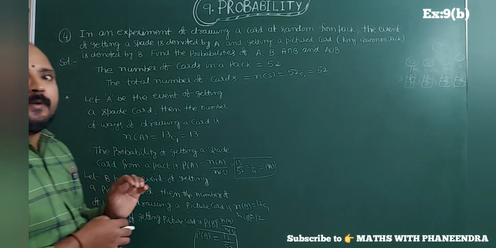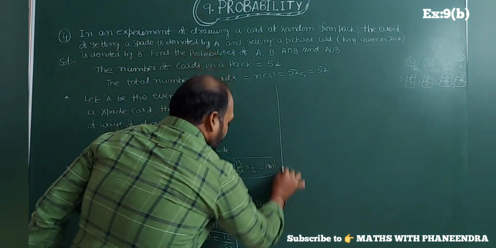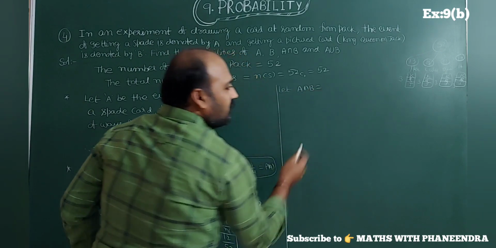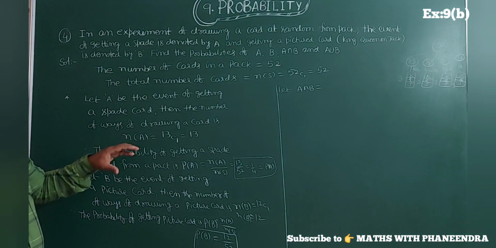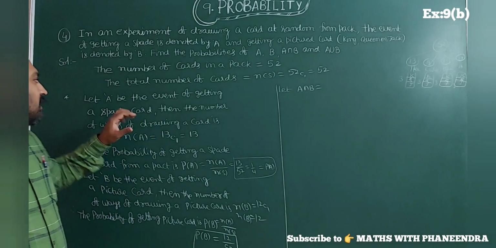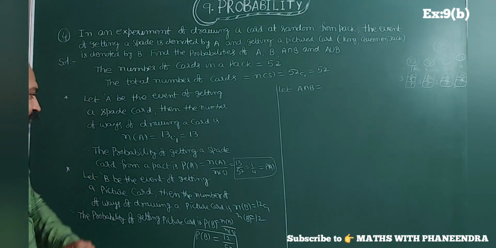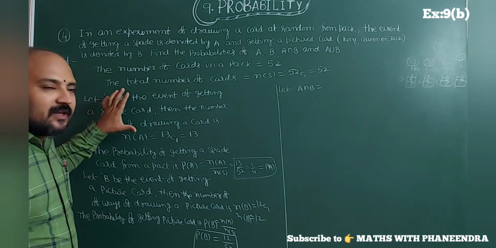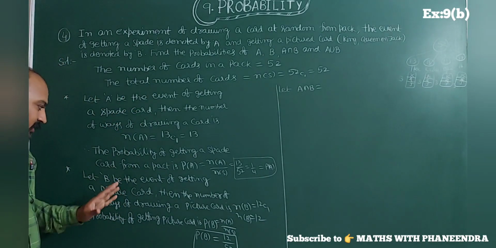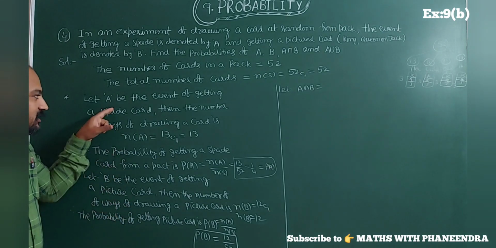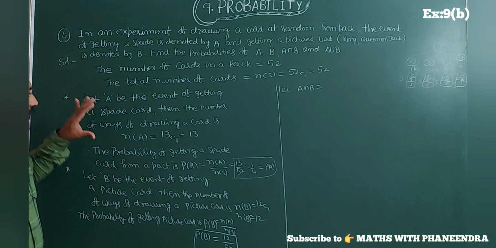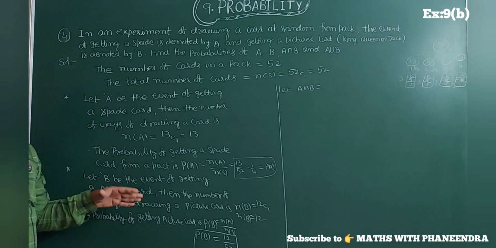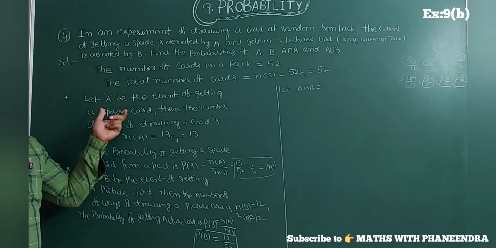Next, A intersection B. What are the common things? Let A intersection B, the card selecting from spade and the card selecting from picture card. In the spade, 13 cards are there. The picture cards only in the spade, how many are there? 3 are there. So in the spade, 3 picture cards are there. Even in this also, out of 12 picture cards, 3 picture cards are common, no?